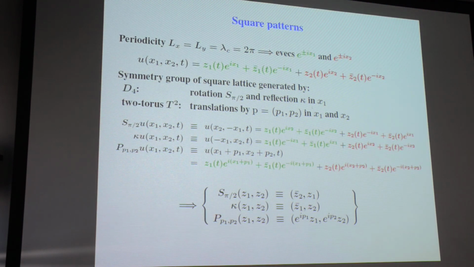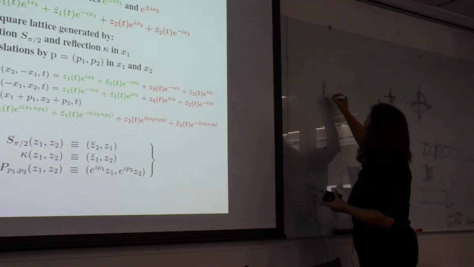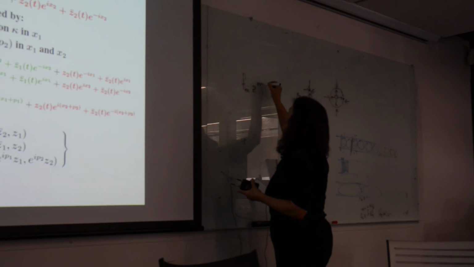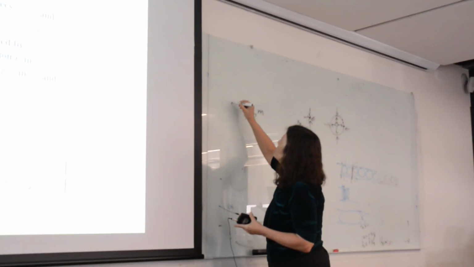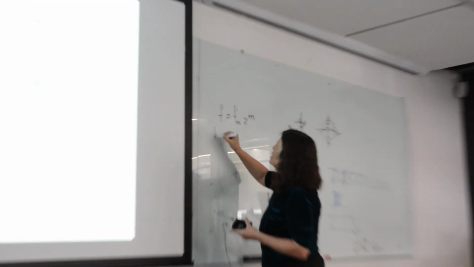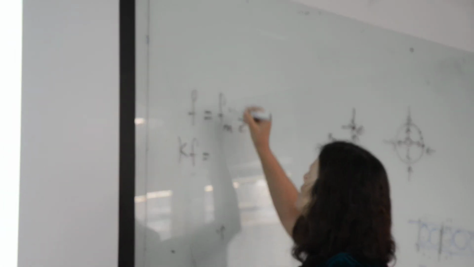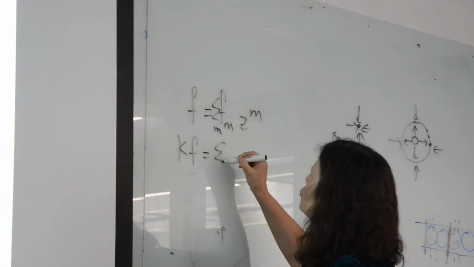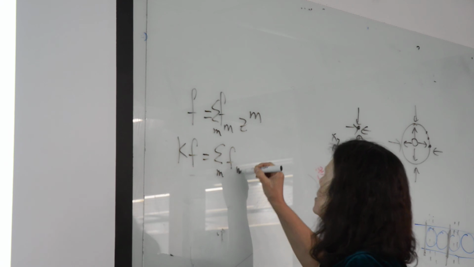Possibly people weren't here before. We had polynomials that were f, sum of f_m z to the m. When we did kappa on f, we turned it into its complex conjugate.